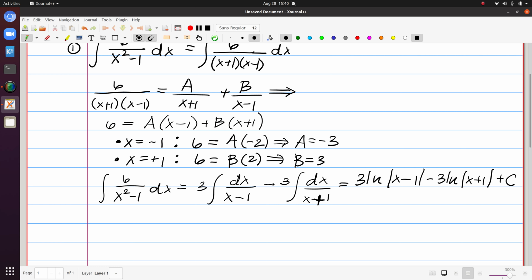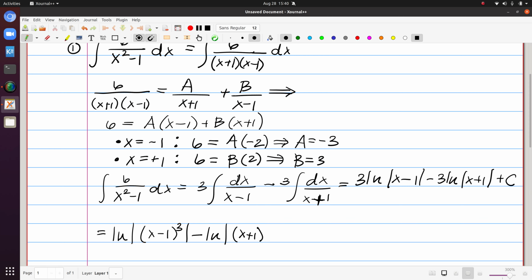Again, this is a suitable way to write our answer. I alluded to this before, but I can simplify the log expressions, and in fact, the textbook typically does. So I'll point out that you could observe, first of all, that you could bring in those 3 multipliers to write this as the log of cubes.